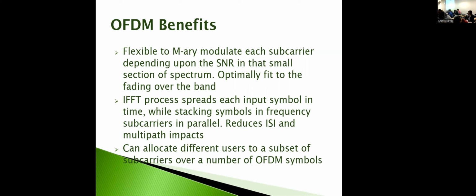So the IFFT process spreads each input symbol in time. This is an important concept that may not jump out at you right away, but if you think about it, when we move from time domain to frequency domain and vice versa in these Fourier transform processes, we're trading off resolution.